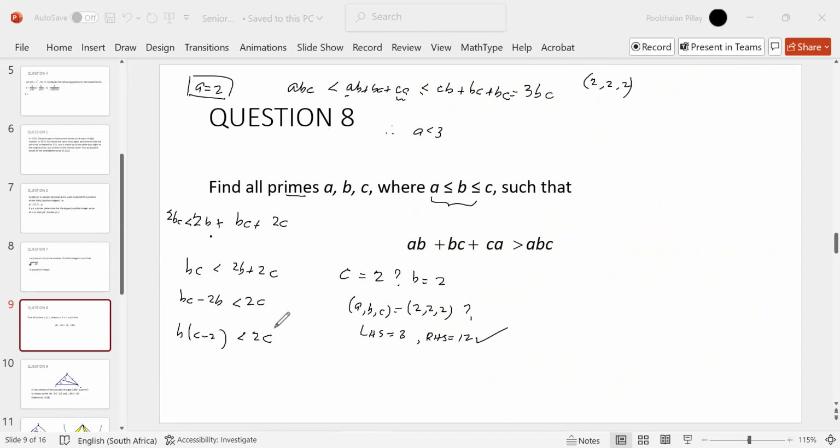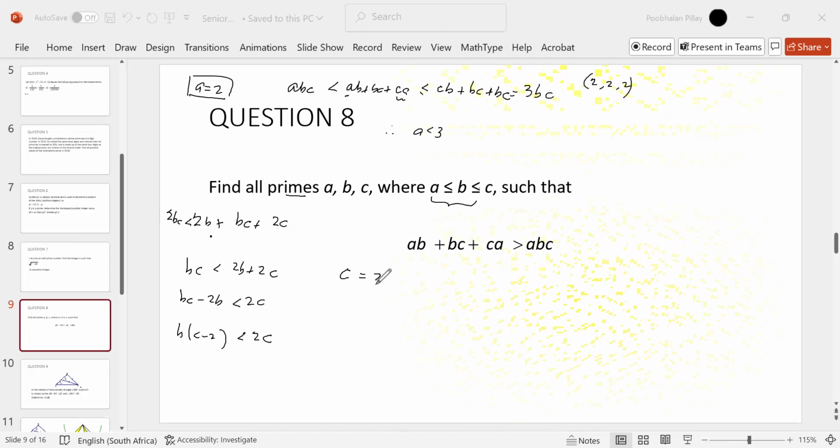How did I get that? I put C equal to 2. So let's take other values for C. Let's try C equal to 3 and see what happens. If C is equal to 3, then you will have ABC. A is 2, C is 3.